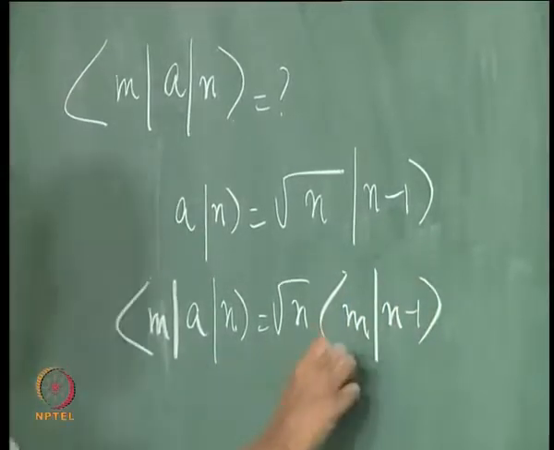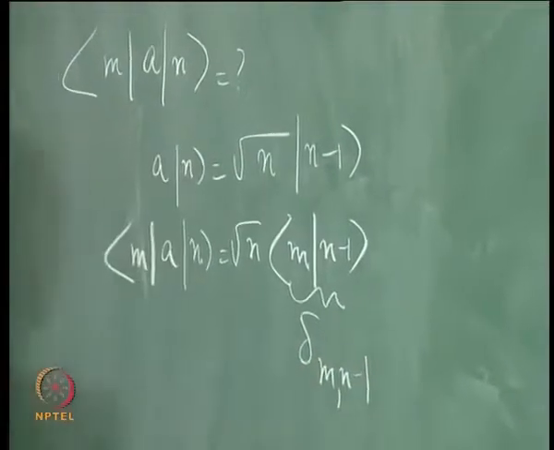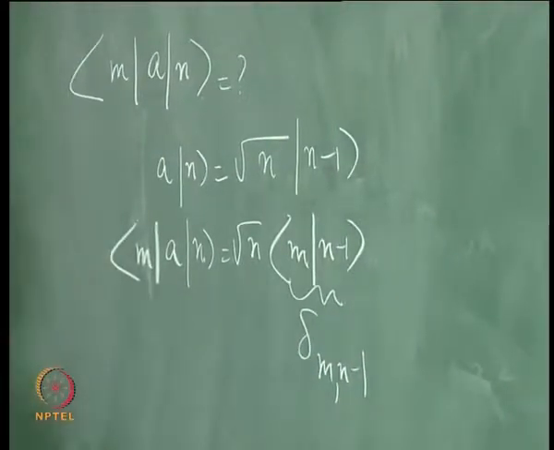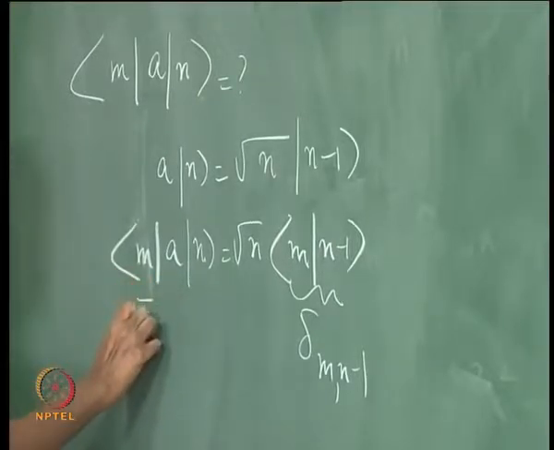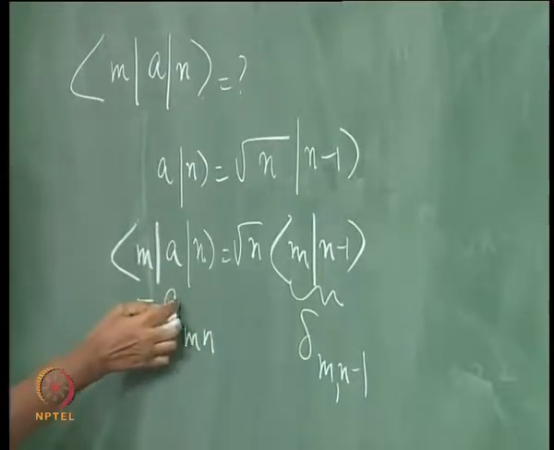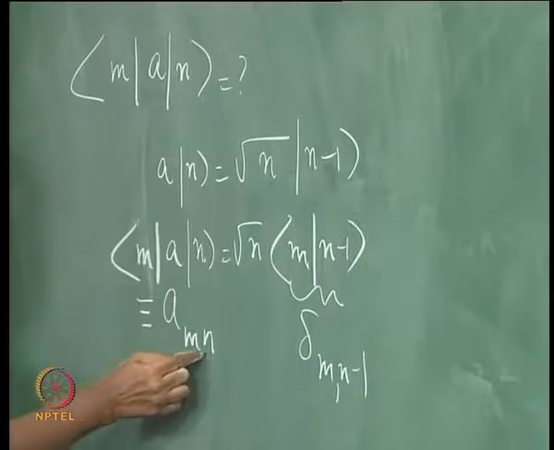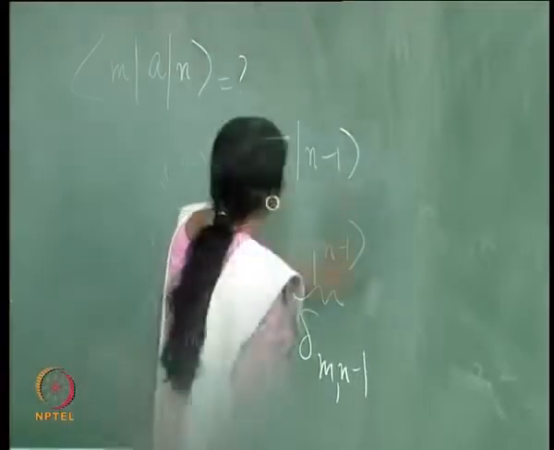This is just delta m, n minus 1. So, it fires when m is equal to n minus 1 and is 0 otherwise. So, this would be simply replaced by the shorthand notation A_mn. Take the matrix A, this is the mth row and that is the nth column. So, this is the mnth matrix element of the matrix A.